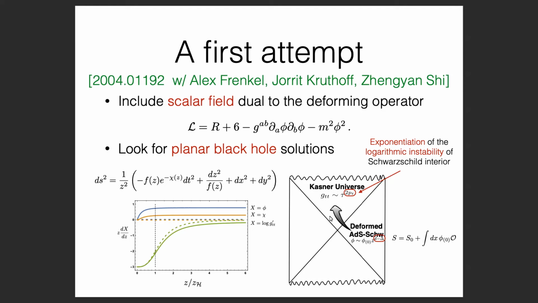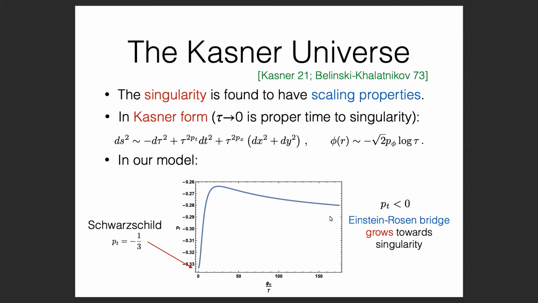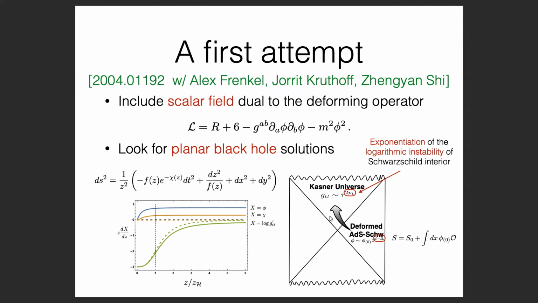So I'll tell you what happens here. Here we land on a prehistoric solution of GR known as the Kasner universe. Sorry, can I ask one more question? Yeah, please go. When you talk about deforming the singularity in this power law sense, is there a sense in which that maps to other notions of the singularity set, the way that Geroch defined it as an equivalence class of geodesics?